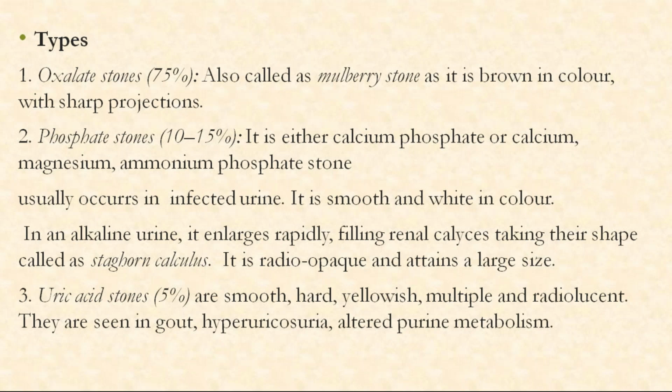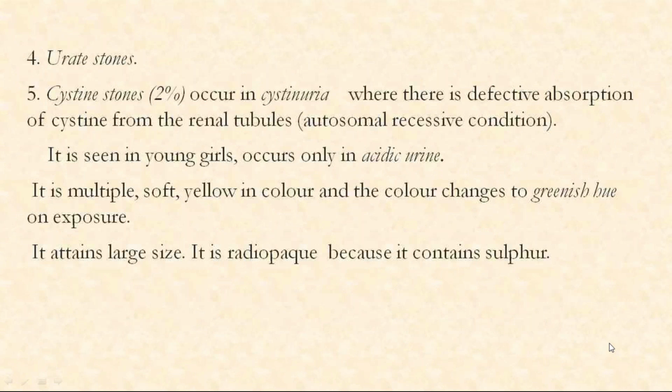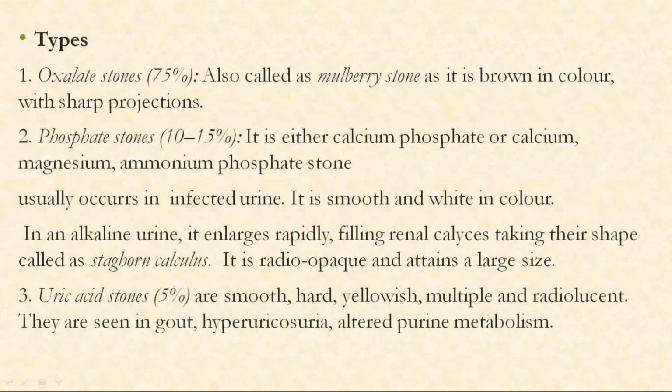You remember, very important: radiolucent. You can very easily remember: U is there in radiolucent, U is there. So you can remember very easily. Uric acid stones are radiolucent. You should not get any confusion.